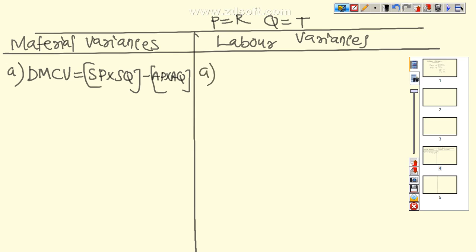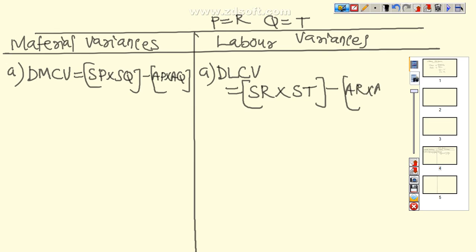So here we write direct labor cost variance, that is equal to standard rate into standard time minus actual rate multiplied by actual time.